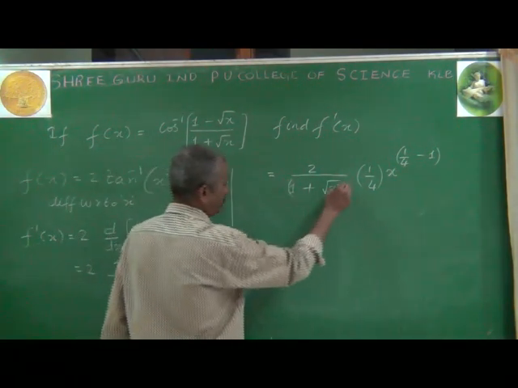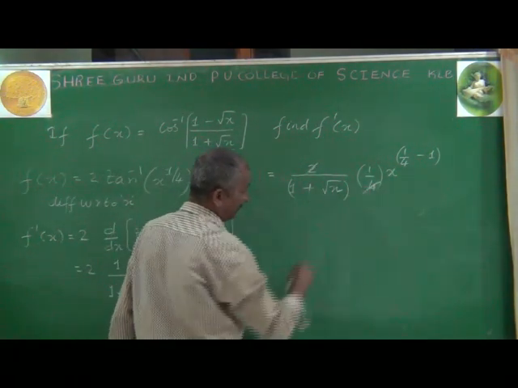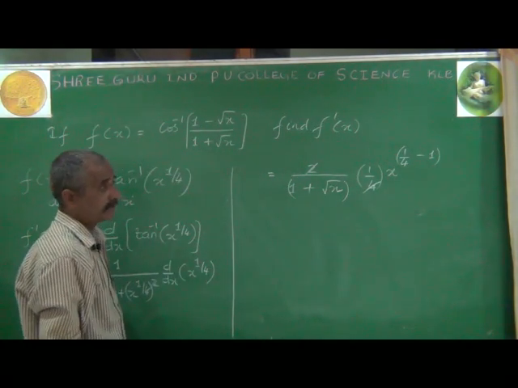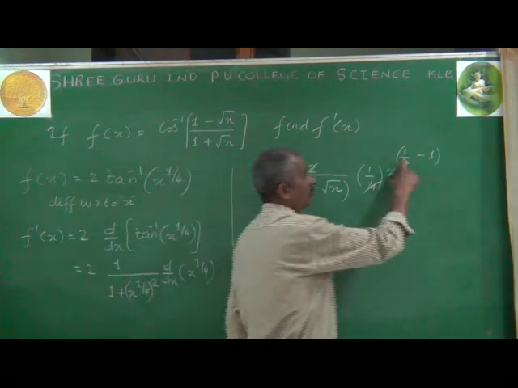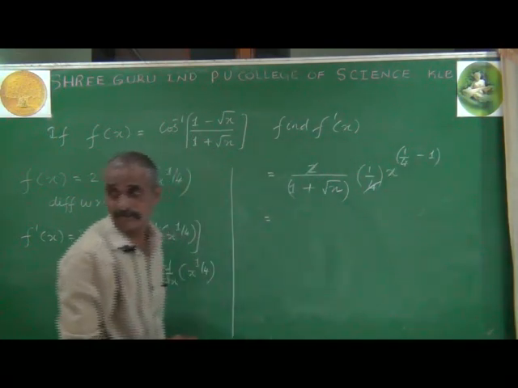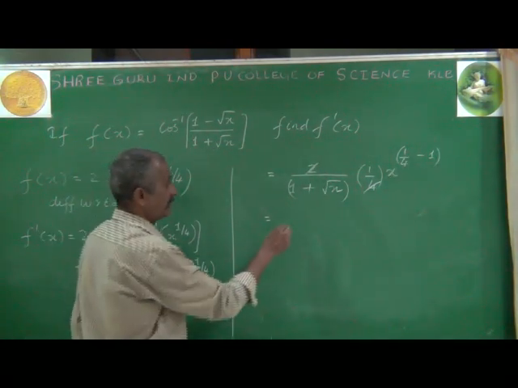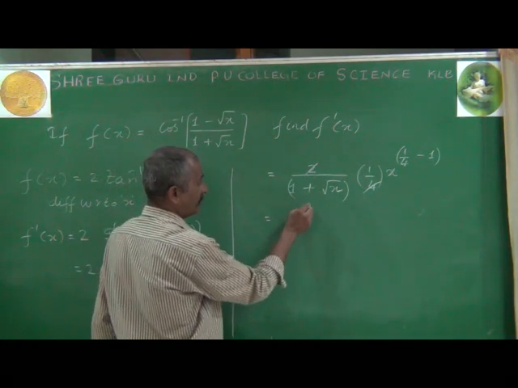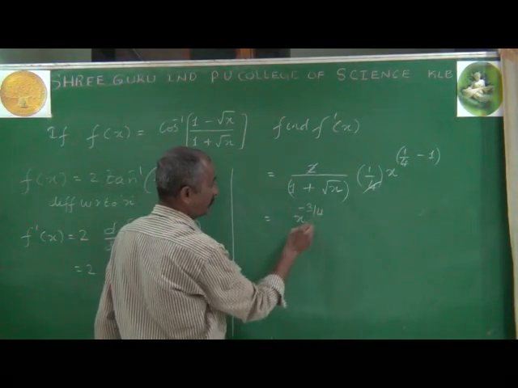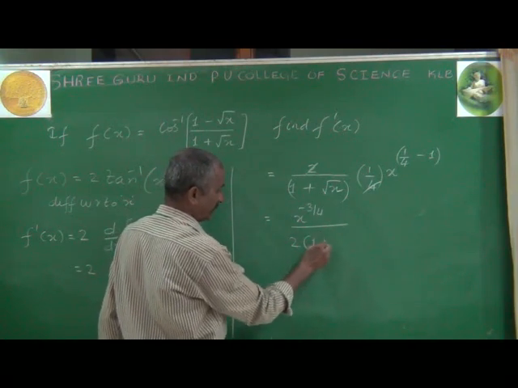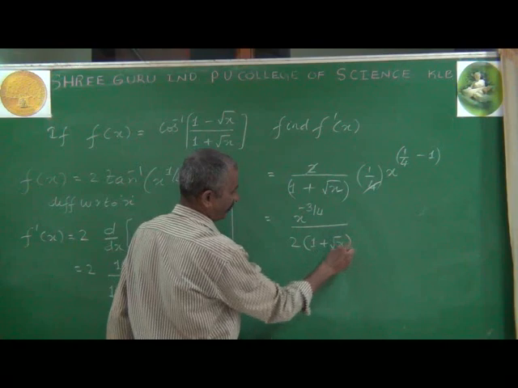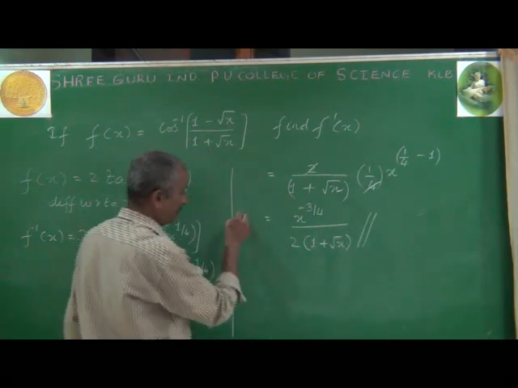By the process, 2 will easily get cancelled with the denominator 2. And also here LCM 4, 4 into 1 is 4, 1 minus 4 is minus 3. It's totally x to the power minus 3 by 4 divided by 2 into (1 plus root x). That is f dash x.